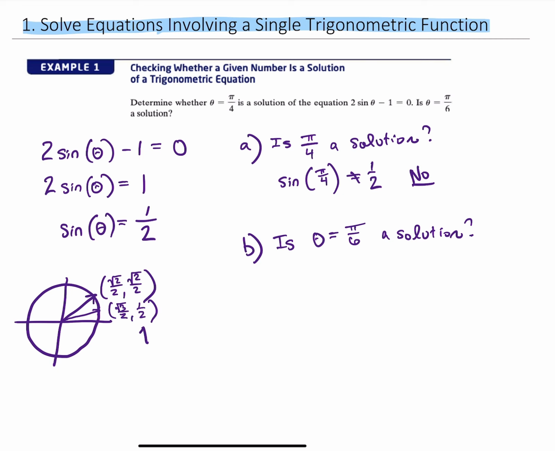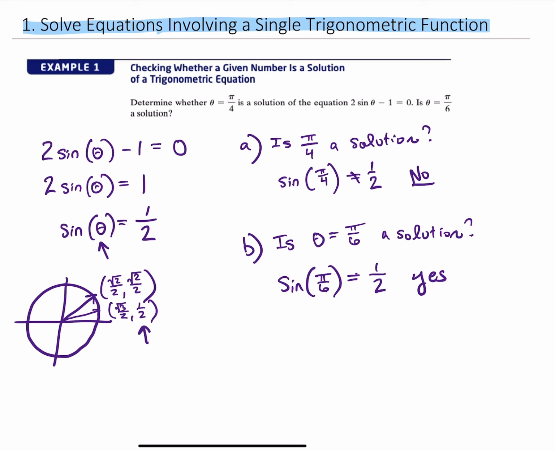So that has a sine value of 1/2. If I plug in pi over 6, we get the sine of pi over 6 equals 1/2. It's true. So yes, we can say pi over 6 is a solution to this equation.